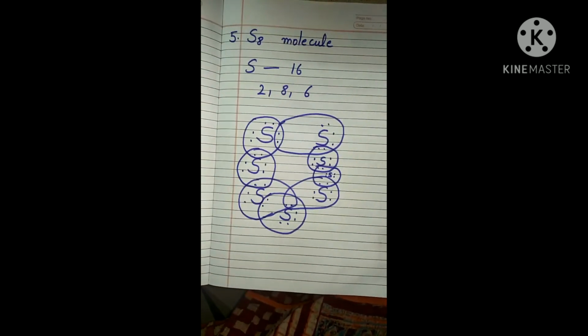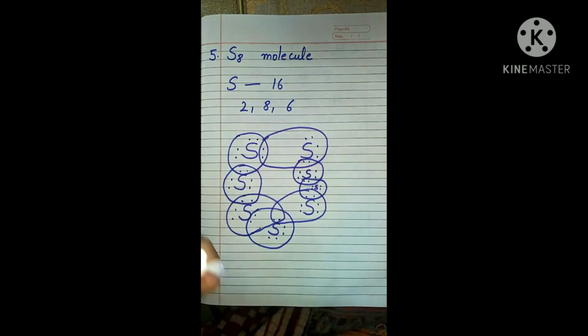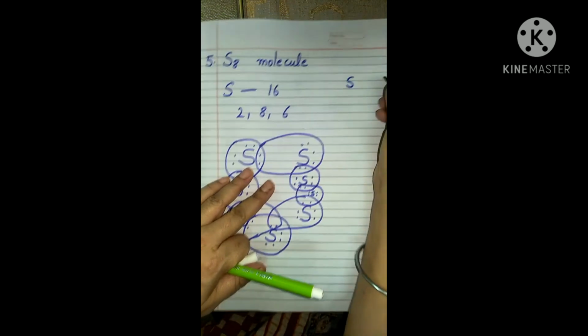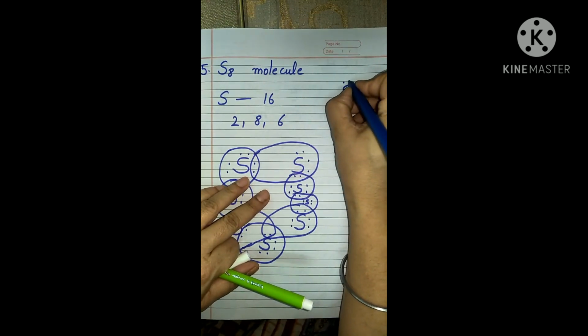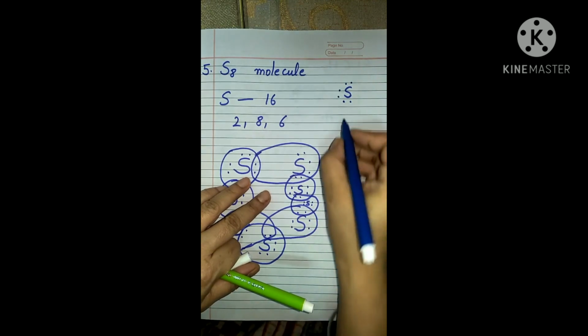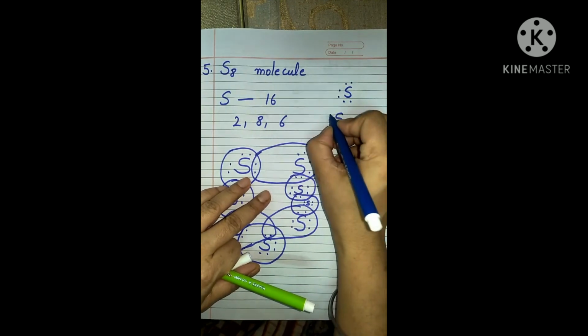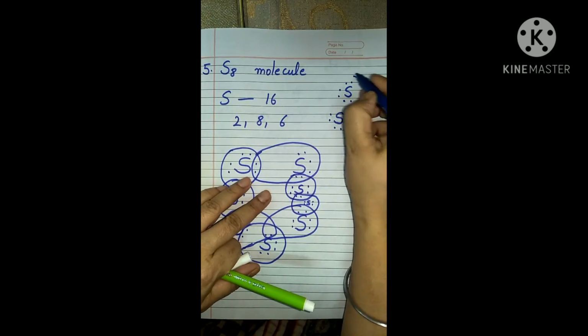Similarly, the formation of the S8 molecule. This structure you are going to draw yourself. How will you draw it? See, I am going to solve it. Sulfur has 1, 2, 3, 4, 5, 6. The other sulfur, 1, 2, 3, 4, 5, 6.